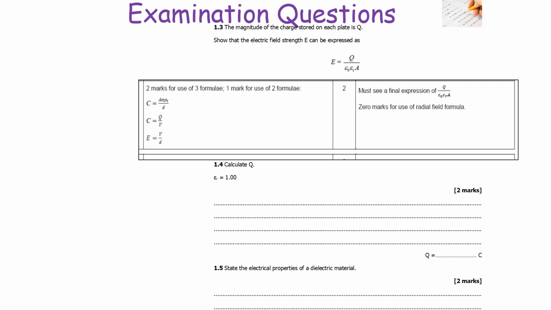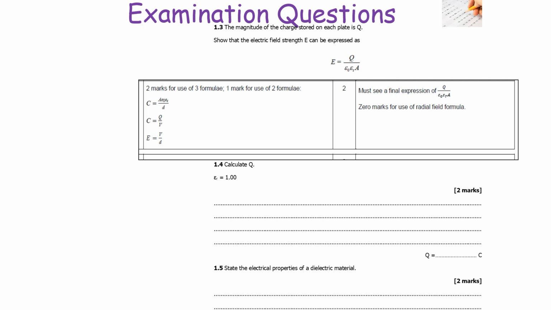And then electrical field strength, E is equal to V over D. Once again, all these equations are given to you. So what you can do is substitute Q over V into the top equation and rearrange it to make V over D the subject, and then substitute E in, and therefore you can say E is equal to Q over epsilon 0 epsilon R A.